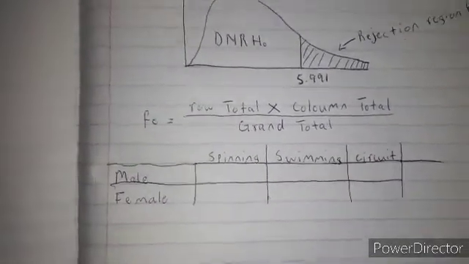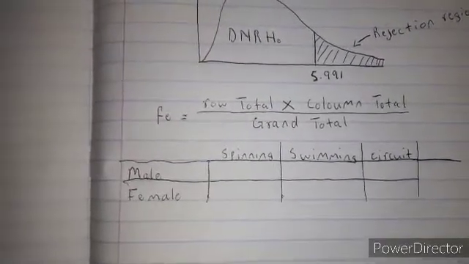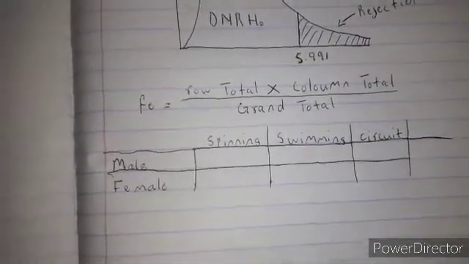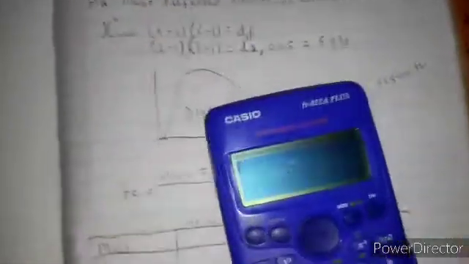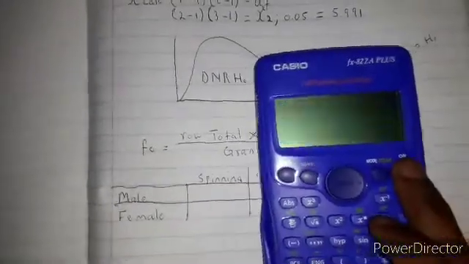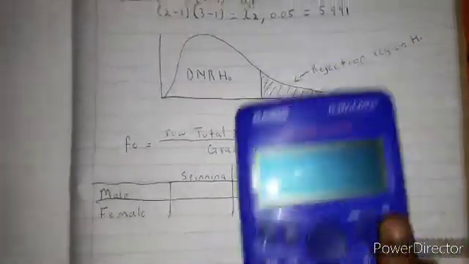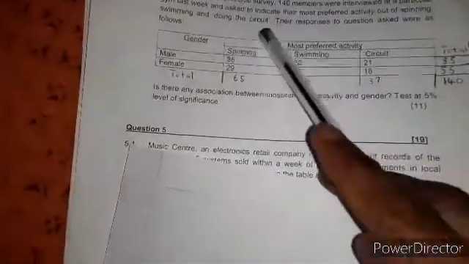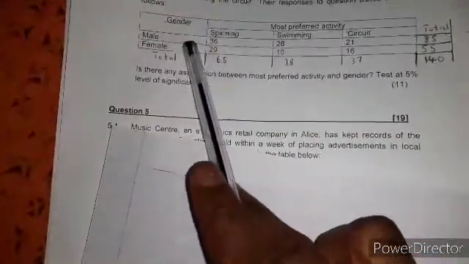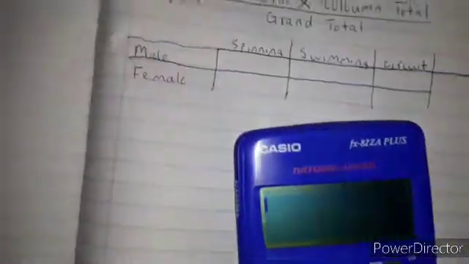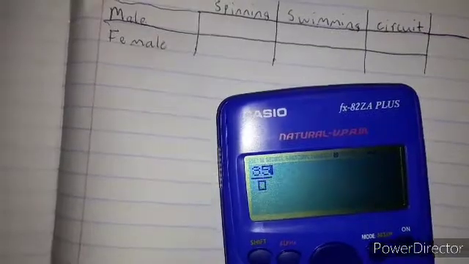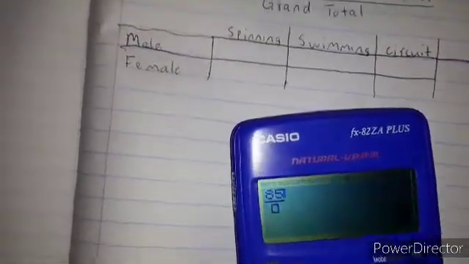Now let us calculate our expected frequency for spinning and male. So the row total for male is 85. So put it like this on our calculators, multiply by the column total.